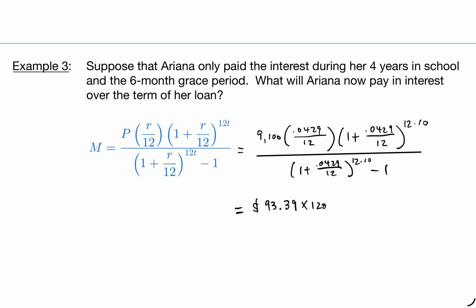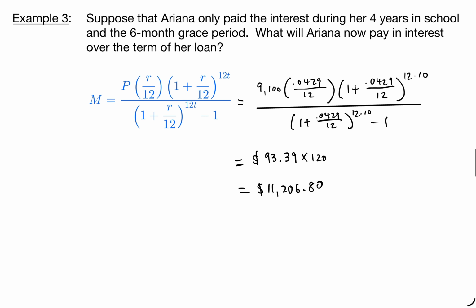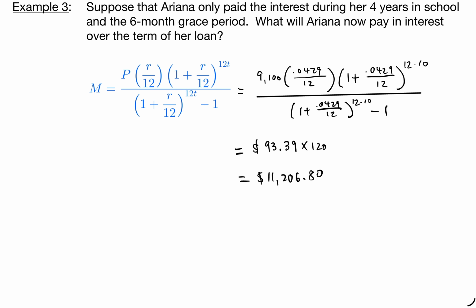And that amount will come out to $11,206.80. And the interest that she'll be paying, we would have to subtract $9,100 from that amount. And that interest she would be paying is $2,106.80.